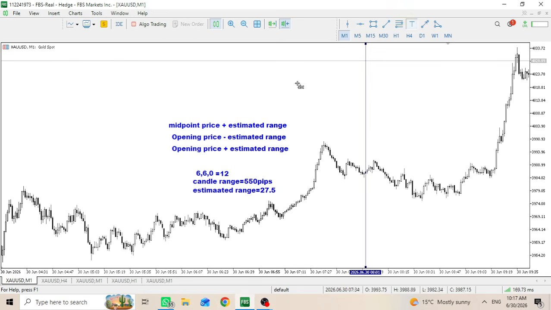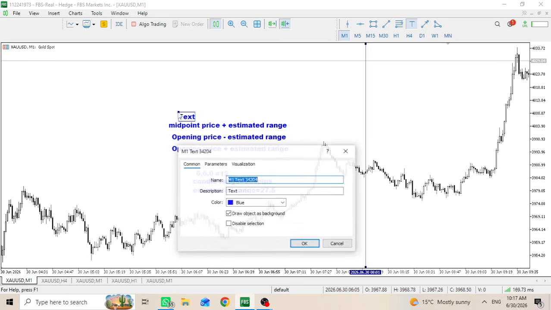Midpoint price is equal to high plus low, then you divide by 2.